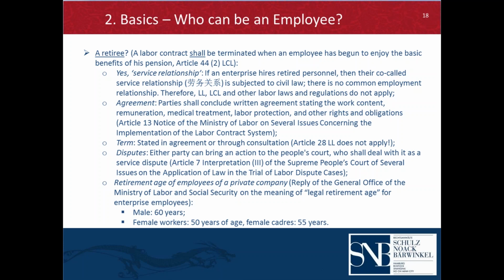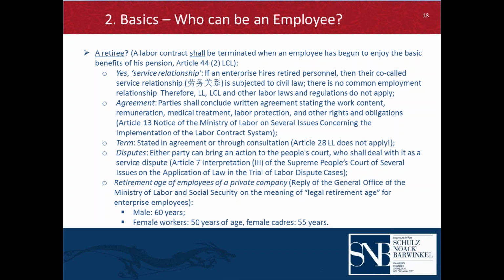What is also important is that upon retirement, we do not have an employment relationship anymore. And in China, the situation is currently that the retirement age is very early. So for male workers, it's 60 years, and for female workers, 50 or 55 years.